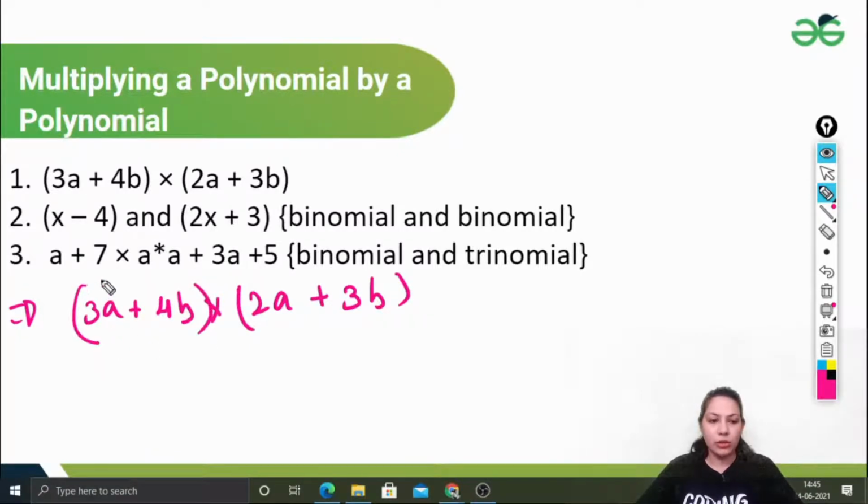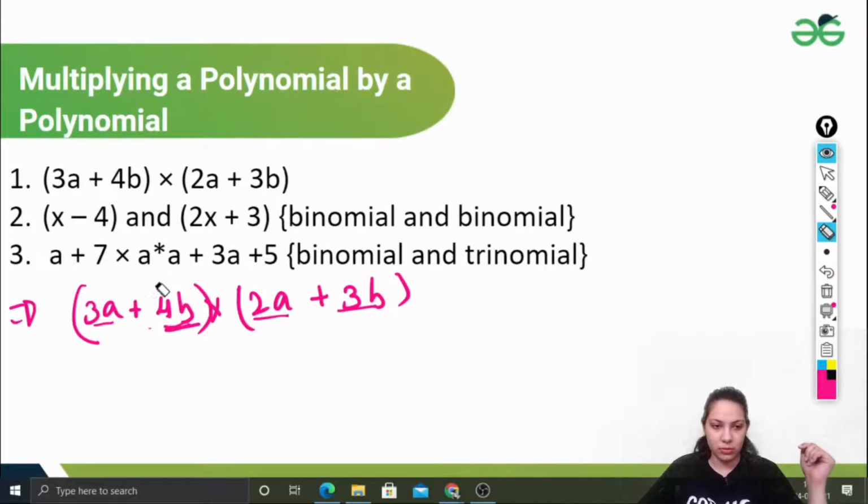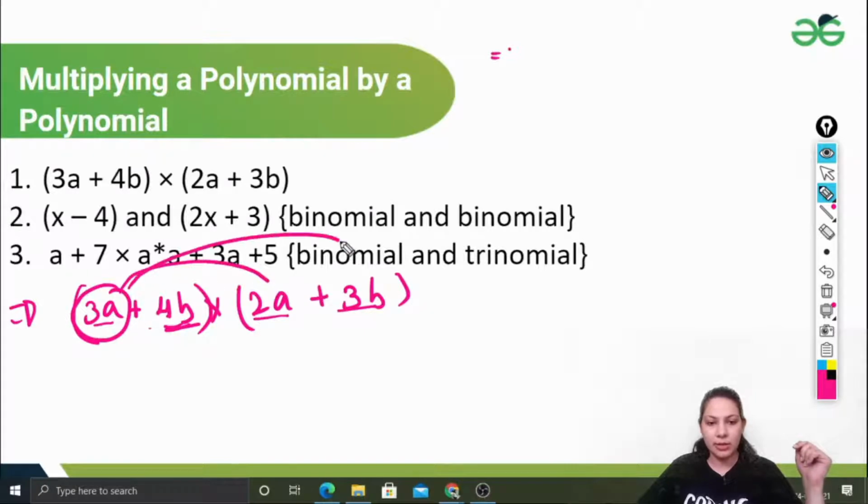Okay, so if I consider this as a, then what do I have to do? A into b plus, suppose this is c, this is suppose b, then b into c we were doing last time. So I will break it down such that only, okay, let me write over here. सो फर्स्टली 3a को इससे और इससे मल्टीप्लाई करना है.